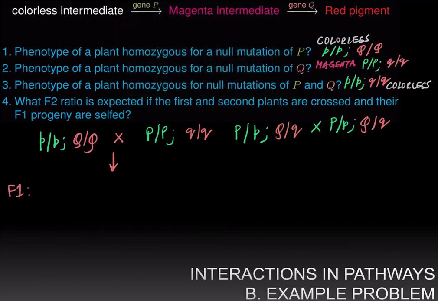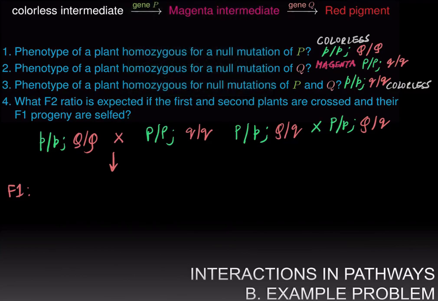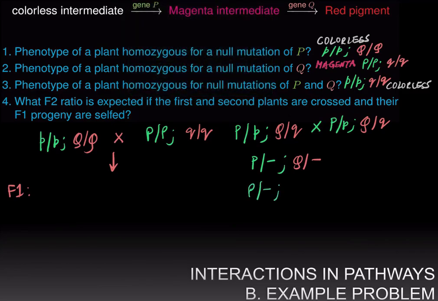and we know that we will have four types of genotypes. We will have individuals who are P over dash and Q over dash. We will have individuals who are P over dash, so they will have the dominant phenotype for the first gene, and little q over little q, recessive for the second gene.